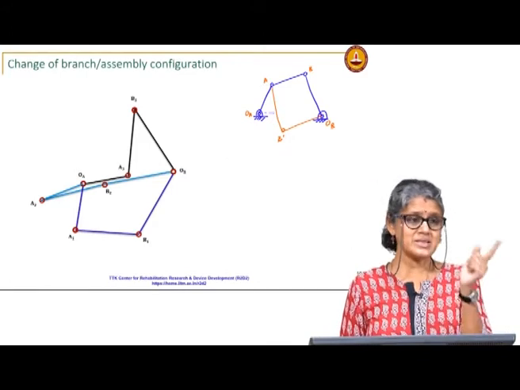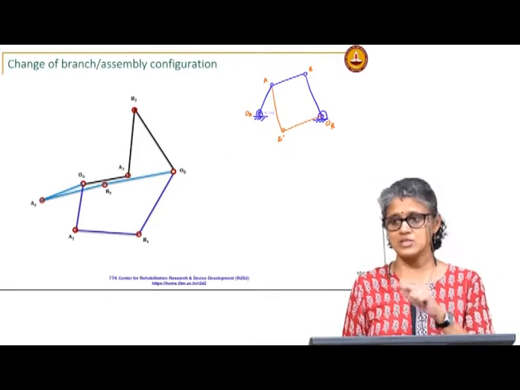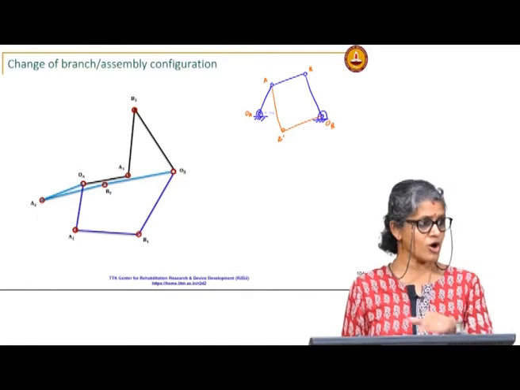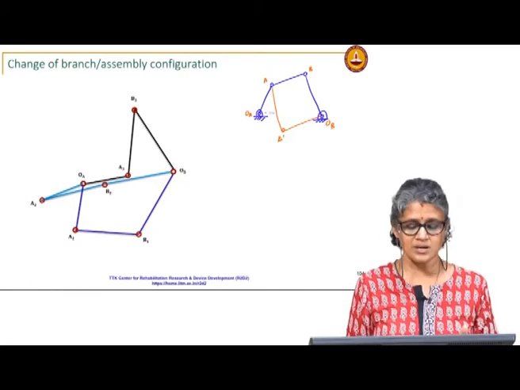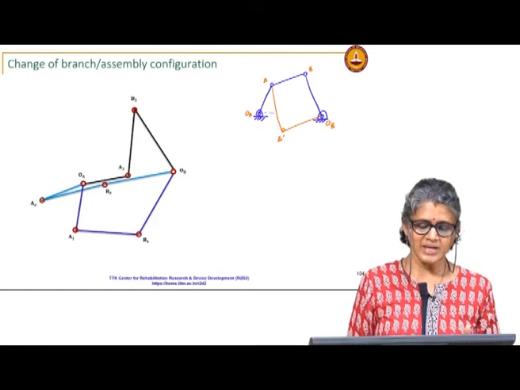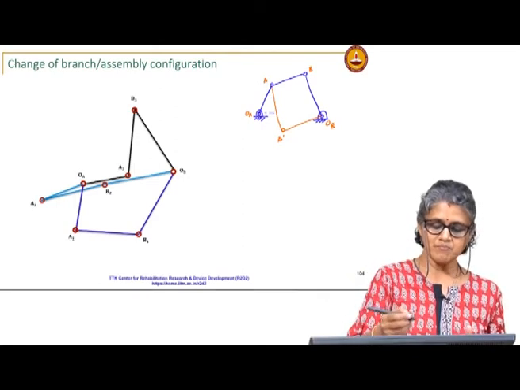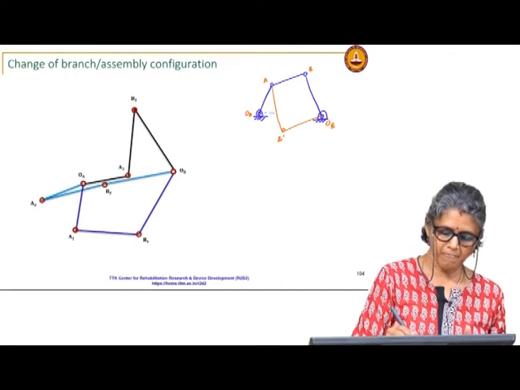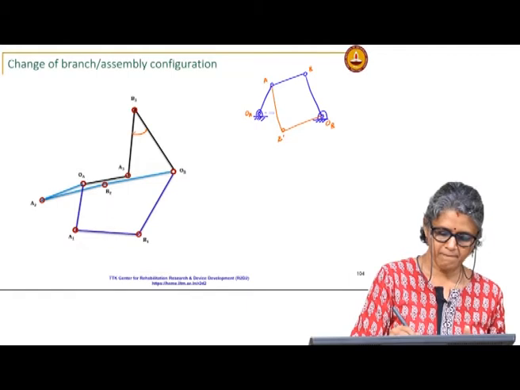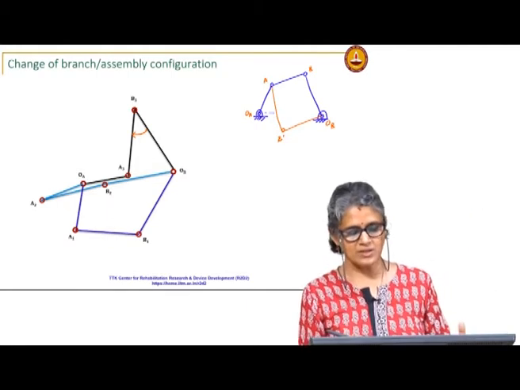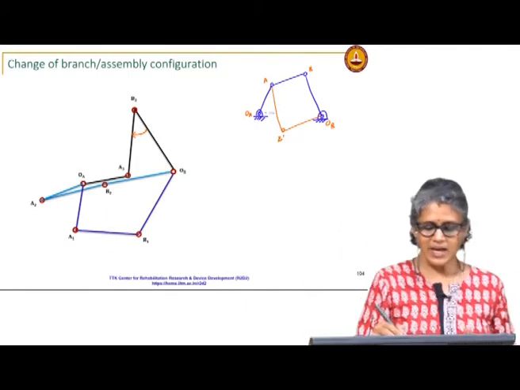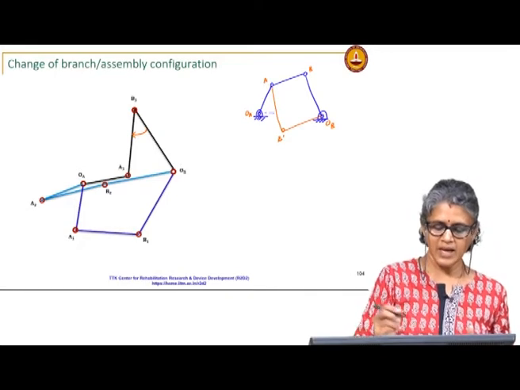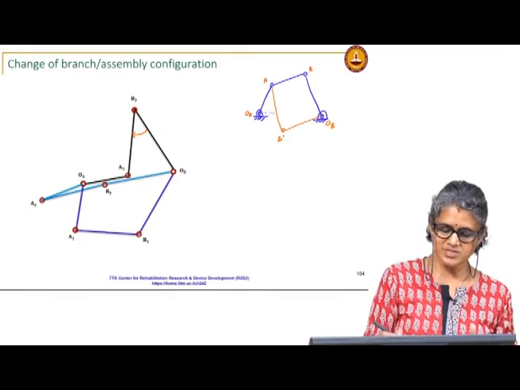You can assemble the linkage in those 3 positions, so you can basically draw the linkage in those 3 positions and then look at the angle between the output link and the coupler. So, if you look at this angle, you look at the angle between OB, B and A in the 3 positions.